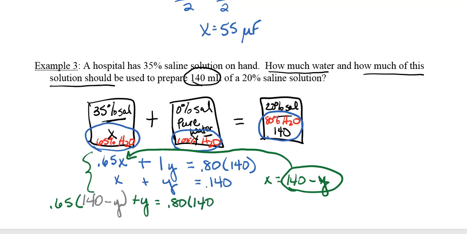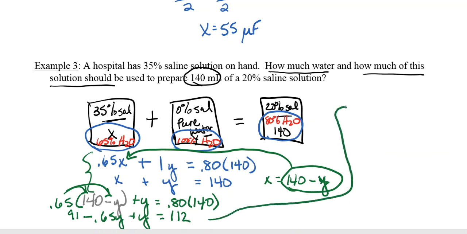So I'm going to grab my calculator because this is actually a different way than I did it originally. 0.65 times 140. So this is 91, just doing the distributive property, minus 0.65y plus y equals 0.8 times 140, and I have 112.